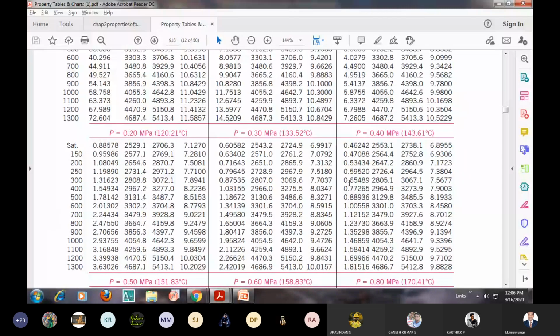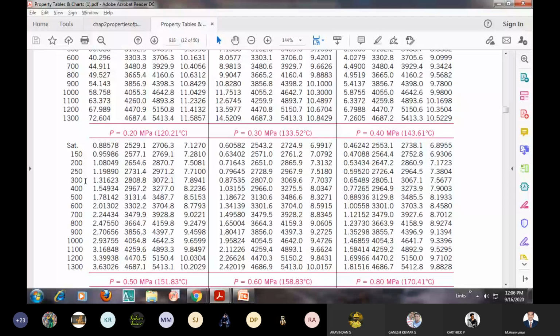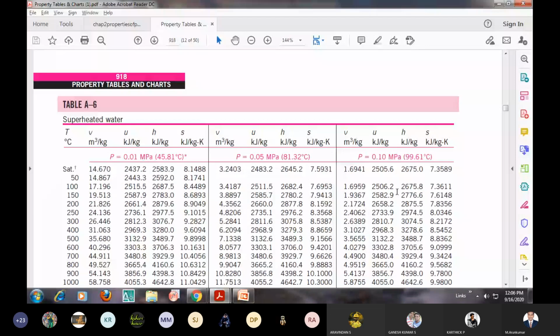We have to look at the corresponding temperature, sorry, 300 degrees Celsius. Here we can take the H value as 3067 kilojoule per kg from your table.